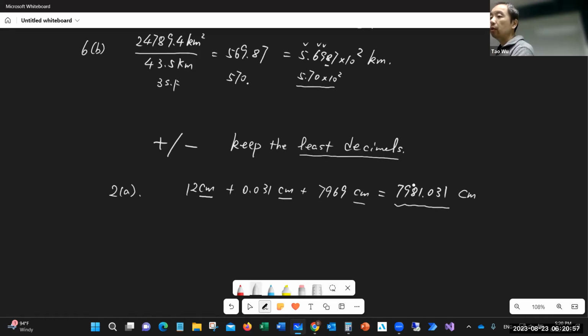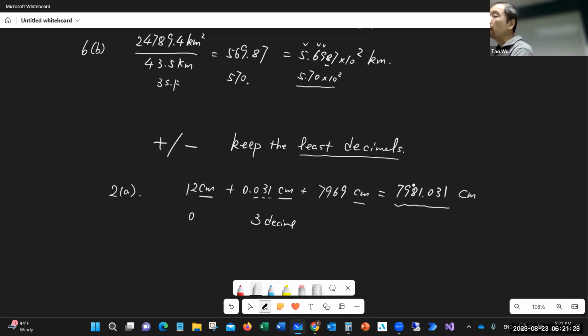Least decimal means the number of digits after the decimal point. How many digits after the decimal point? So 12 has 0 decimals. This one does not have a decimal, right? And this one has 3 decimals.